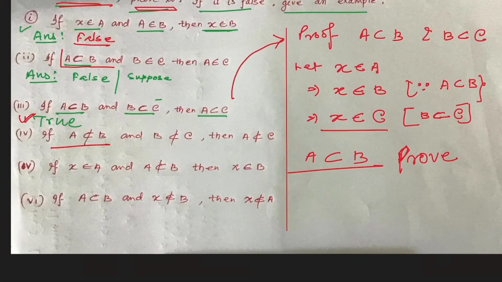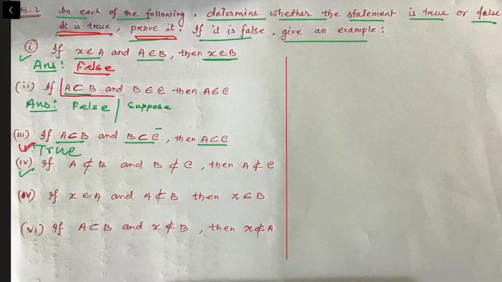It is obvious that it is false, because A is not a subset of B and B is not a subset of C. It doesn't mean that A cannot be a subset of C. So hope you have understood this. So this statement 4 is false, so the answer must be false.